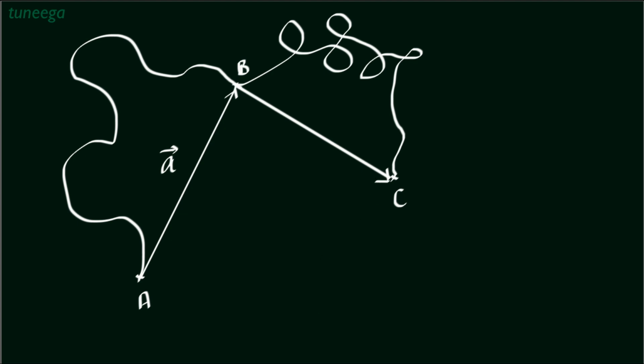Displacement is a vector because it has a magnitude and a direction. Let's call the second displacement B.